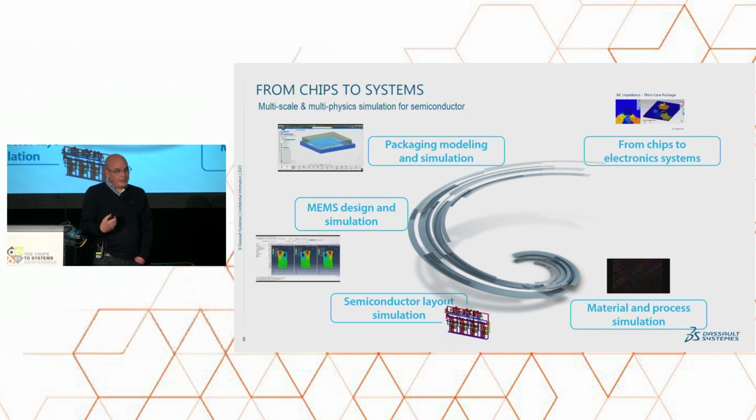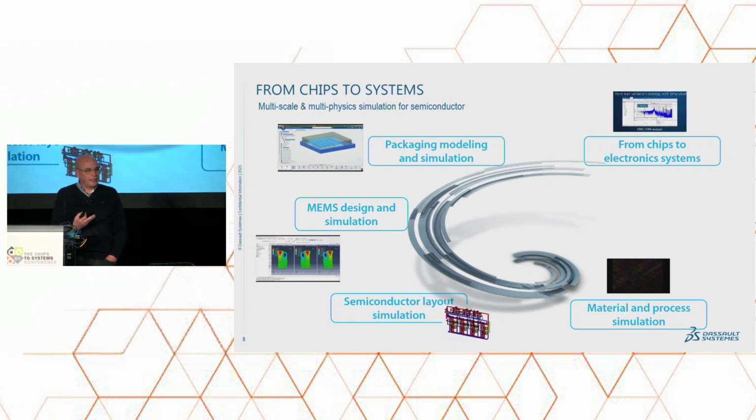You do MEMS design and simulation. On top of that, packaging. And finally, you go to the customer and you take that chip and you port it to a printed circuit board. This way, you have an end-to-end continuity. If changes are to happen, they can go as quickly as possible.